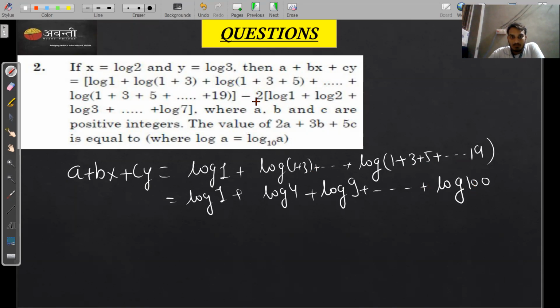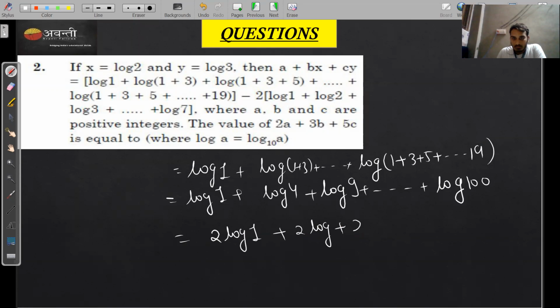And what do we have now? Let's say we are considering only this term. You can write this as 2 times log 1 plus 2 times log 2 plus 2 times log 3 up to 2 times log 10, right?